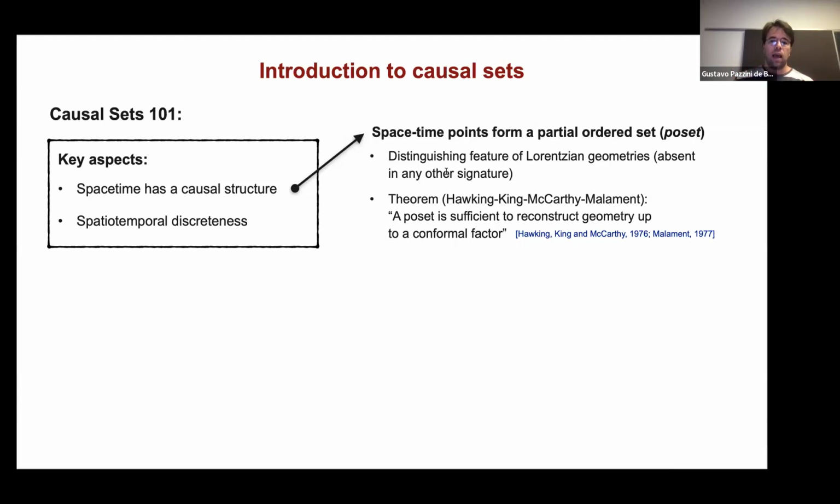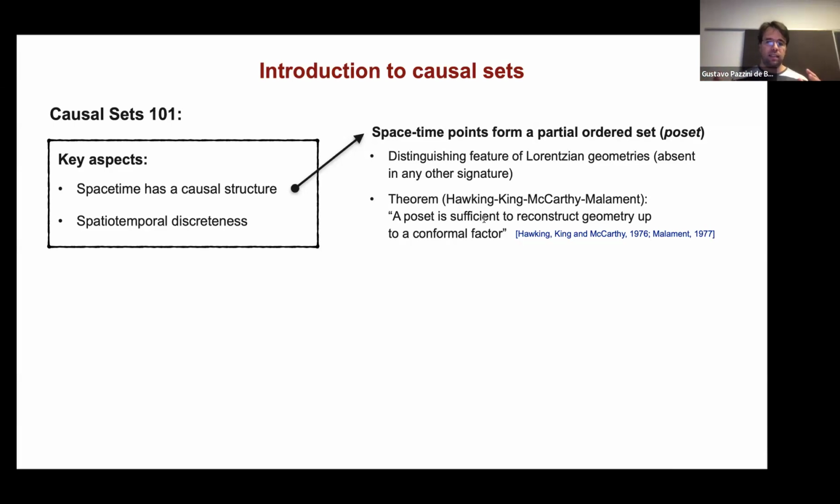And the second motivation is related to a theorem by Hawking, King, McCarthy, and Malament. I'm quoting this theorem here in a very loose way. The actual formulation is a bit more rigorous and comes in a more refined language. But the key message of the theorem is that a poset, or partially ordered set, is essentially sufficient to reconstruct geometry up to a conformal factor.